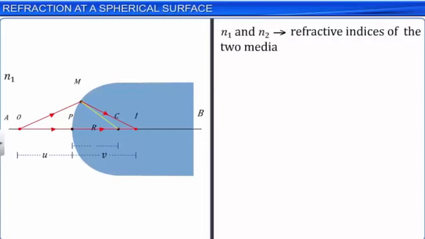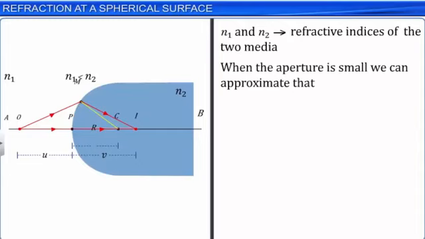Arc PM can be taken as a line perpendicular to the principal axis. 2. The angle of incidence and the angle of refraction are very small, and hence tan and sine functions of these angles are approximately equal to the respective angles.